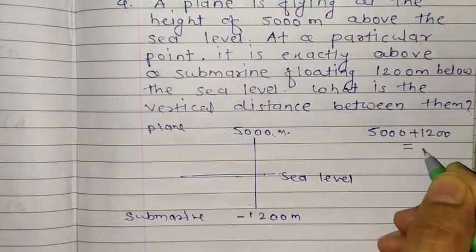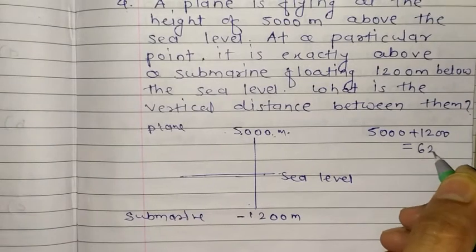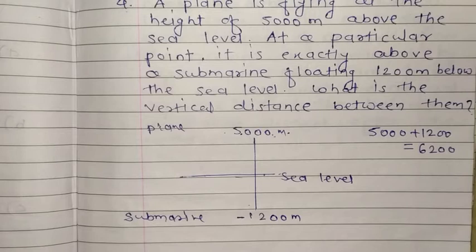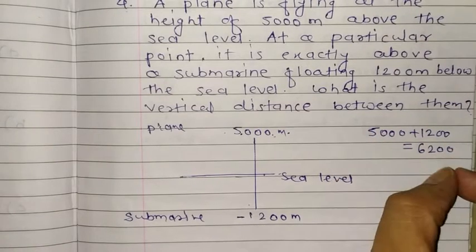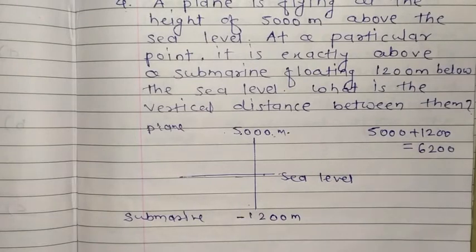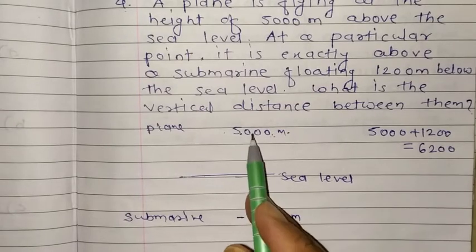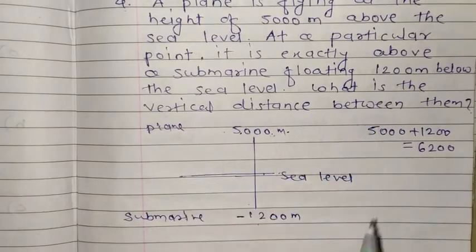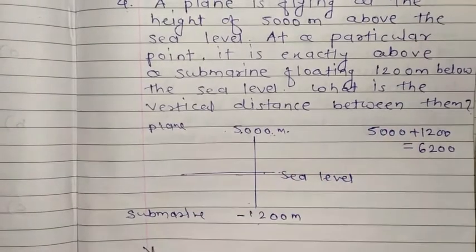So answer they will directly write 6200, but it is not exactly correct. You can write it like that and you can use this answer for cross checking. But while solving in exam you cannot solve like that, because you have to mention positive and negative number, because we are in the integer lesson. So this is positive and negative, and now we need to calculate vertical distance between them.